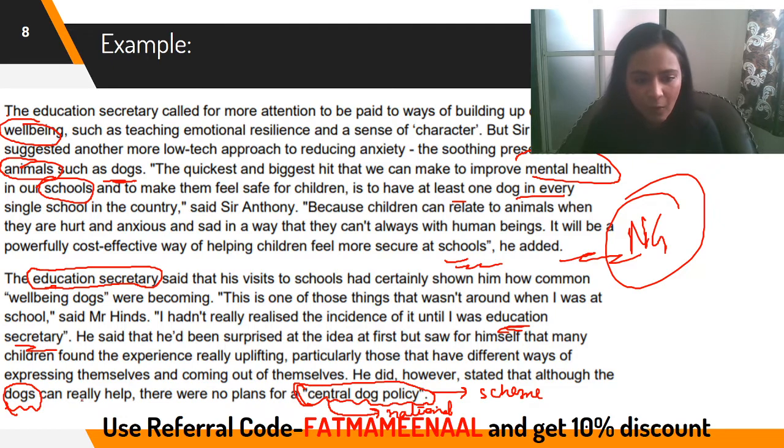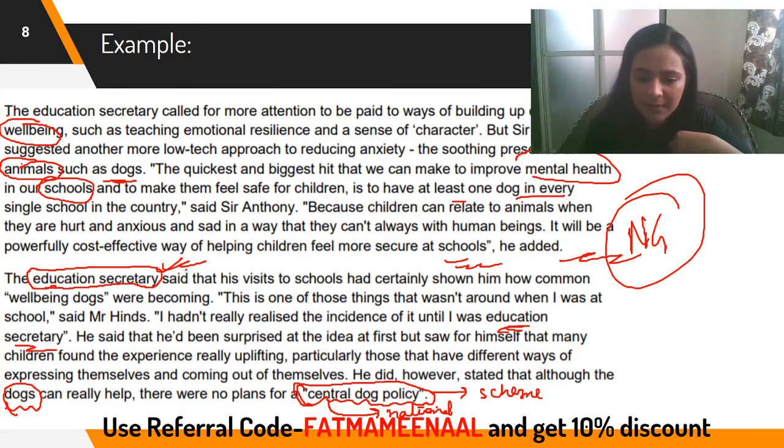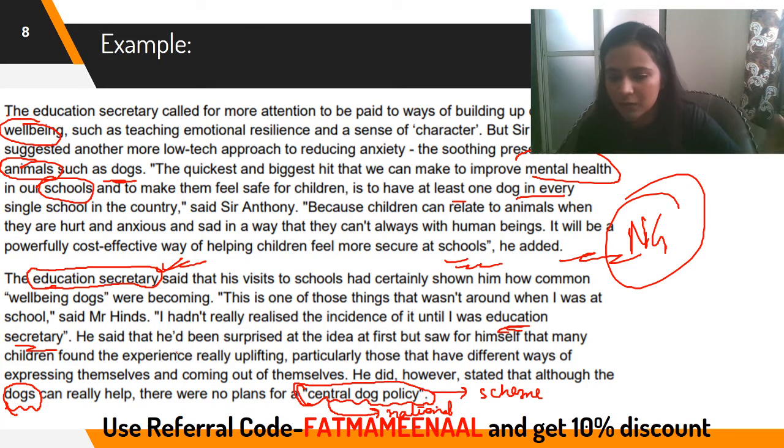And in terms of government, maybe in terms of government ministers, they have talked about education secretary, right? They could be just put up differently because they're all under the category of politicians, right? So now we've got all the keywords. Now we need to say if the information is actually matching.